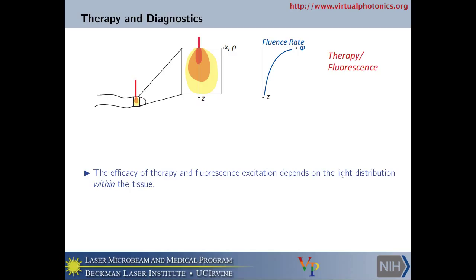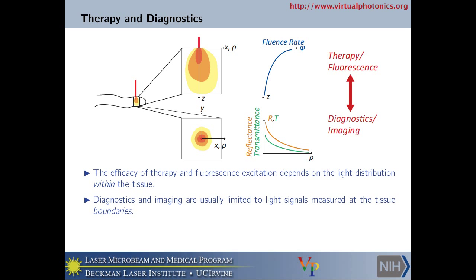Or if you want to excite fluorescence, the efficacy with which you will be able to excite fluorescence depends on the photons available to promote the transition in that molecule from a ground state to an excited state so that it can re-emit. So intrinsically, if you're interested in therapy or fluorescence, you're interested in the internal light field, the light distribution within the tissue.